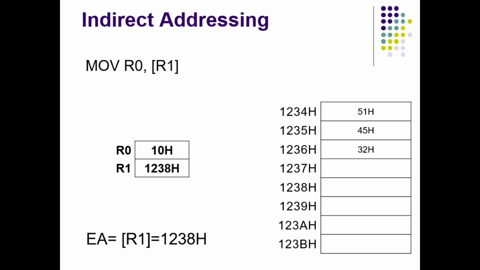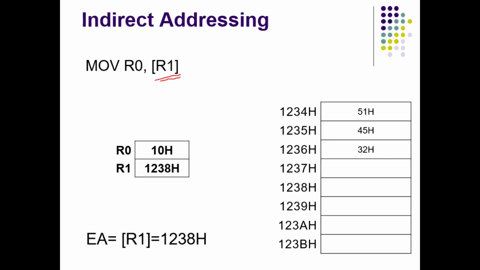Here I have used a particular register R1 to indirectly mention the effective address of the memory. How exactly does it work? I have written R1 in square brackets. The processor is taught that whenever something is written in square brackets, it must be considered as the address of the memory. So here I am referring to a memory whose address I am using indirectly using the R1 register.